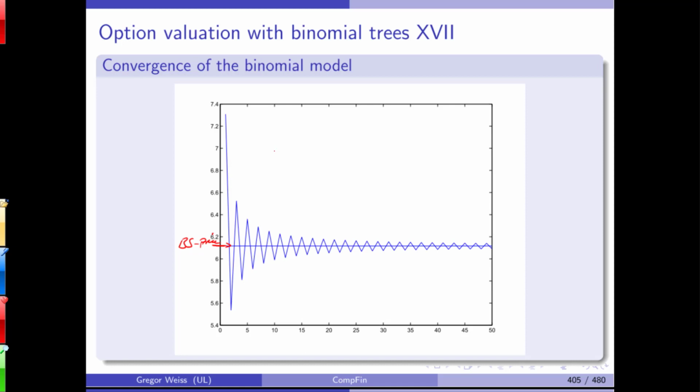And now you can see why this is a discretization approach. You are using a discrete process, a binomial process, for something that in the population is assumed to be a continuous time process. And if you use this discretization and use more and more steps, you're getting closer and closer to the thing you are approximating.